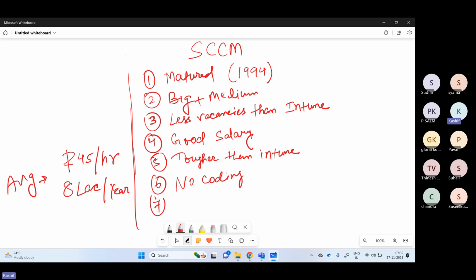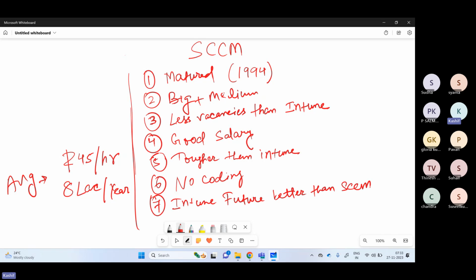Point number 7, future. If you would like to talk about the futuristic prospect here, then Intune is far better than SCCM. Intune's future is better than SCCM.